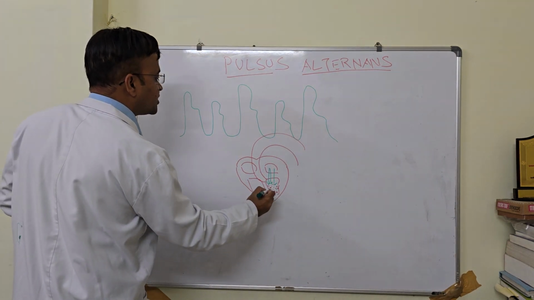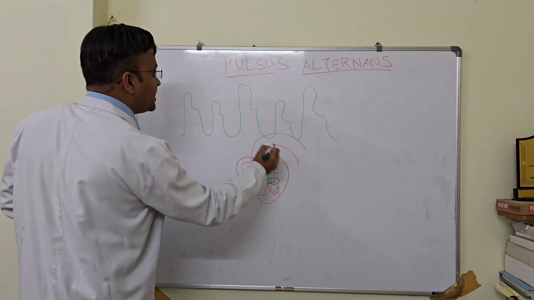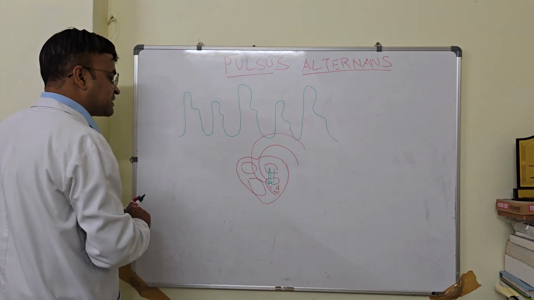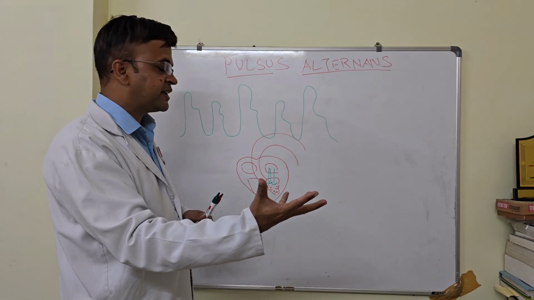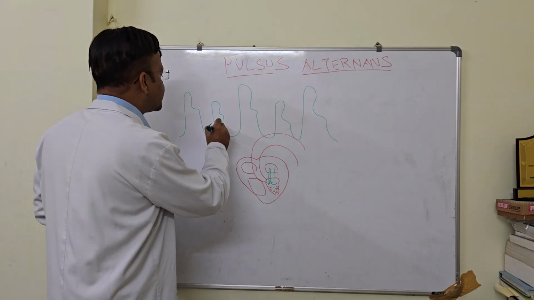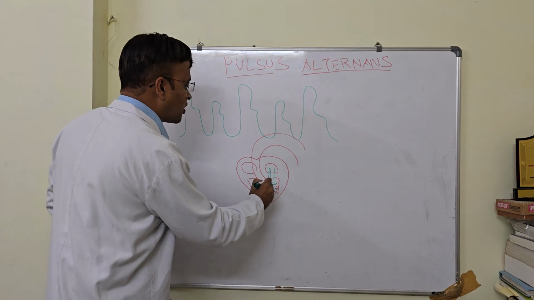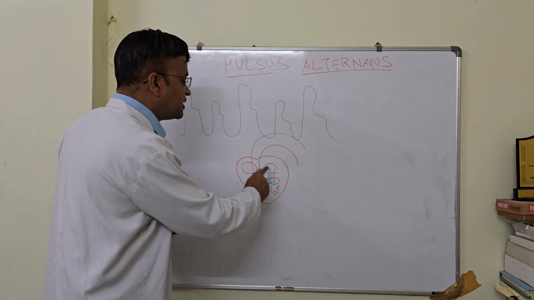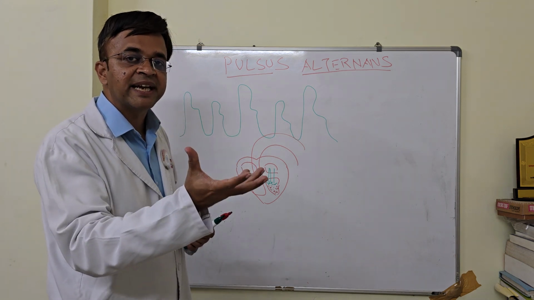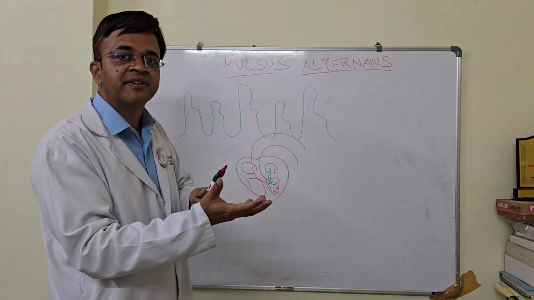But this forceful contraction is going to empty the ventricles. Next time, again, because the left ventricle is weak, you will get a weak contraction. But because of this weak contraction, some blood will still remain inside the ventricles.